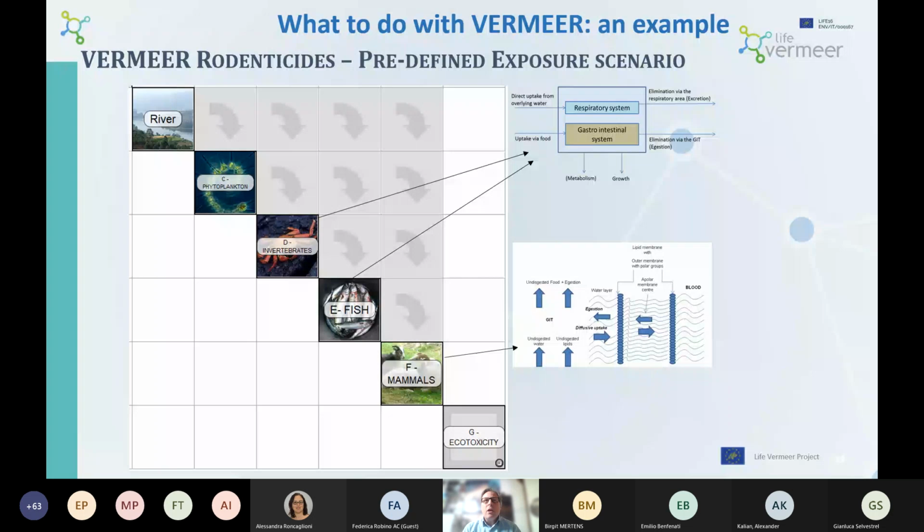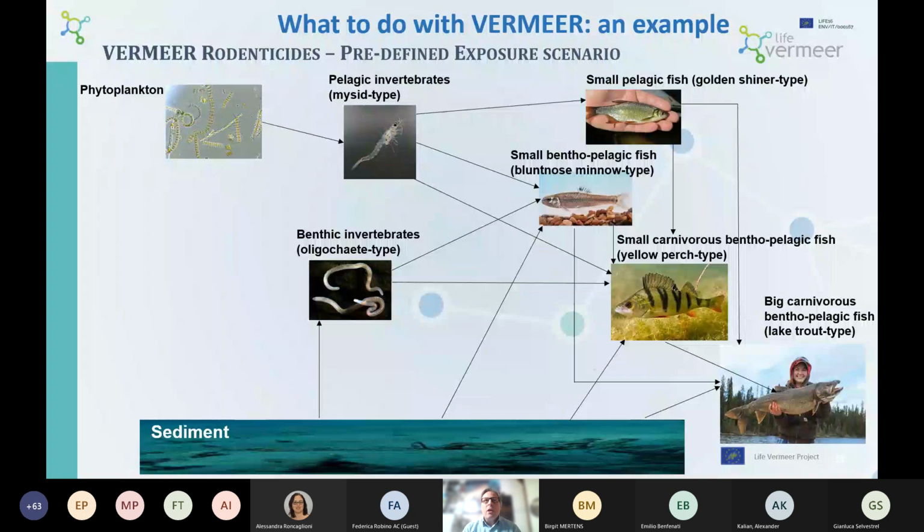For example, small pelagic, small benthopelagic, small carnivorous, and big carnivorous species. And you can see the different relationships between all these species and also the relationship with the sediment.